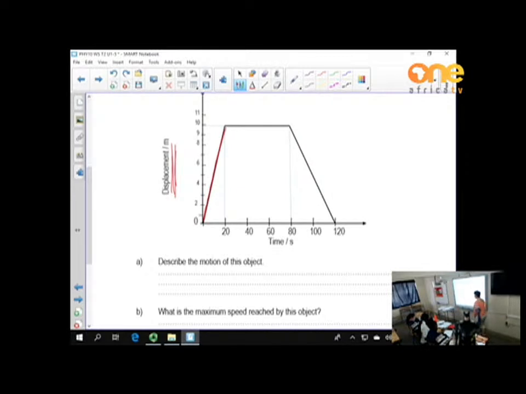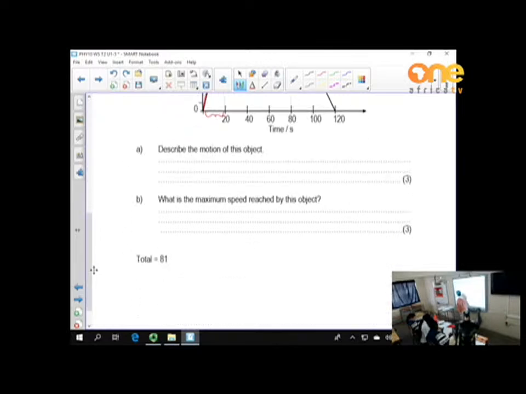So traveling at constant speed for 20 seconds, from the start, covering a distance of 10 meters in 20 seconds.